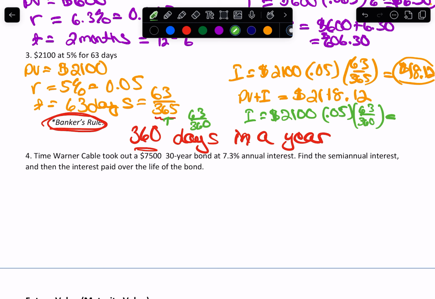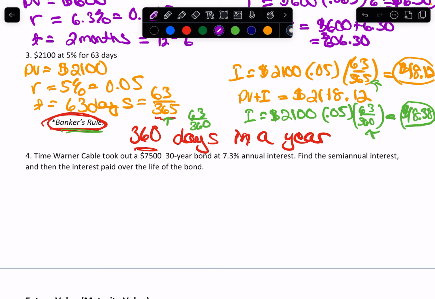That gives us $18.38. So notice the difference here if we use the banker's rule or if we use 365. But basically from here on, it's going to be the 360 days that we're going to be using.